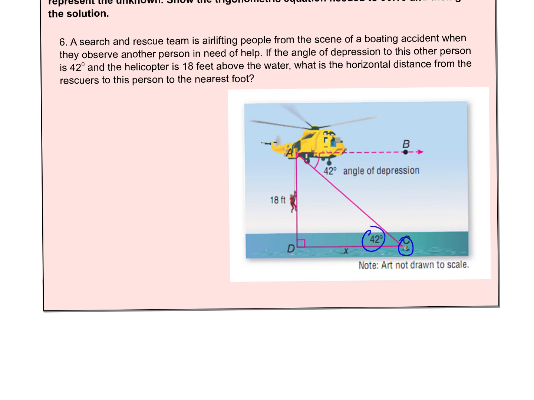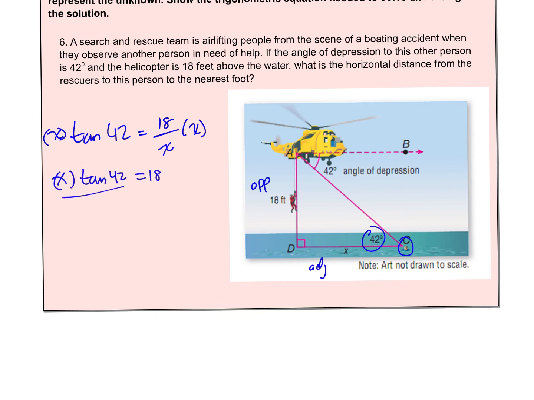So from here, 18 is my opposite. That is my adjacent. So I'm going to want tangent. For those who might have forgotten, this is just algebra, moving things around using the operations.